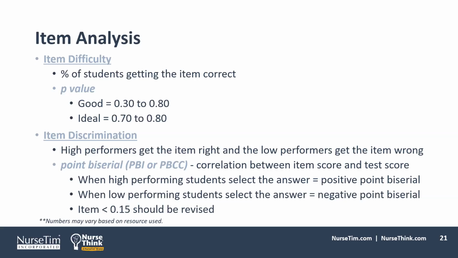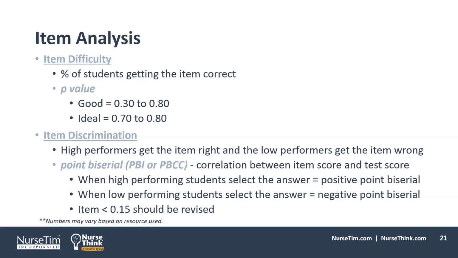That means that less than 30% of my students got that item correct. Now, if I have a p-value of a 0.8 or higher, that means that most of my students got that item correct. So what it's identifying for me is the difficulty of the exam item.